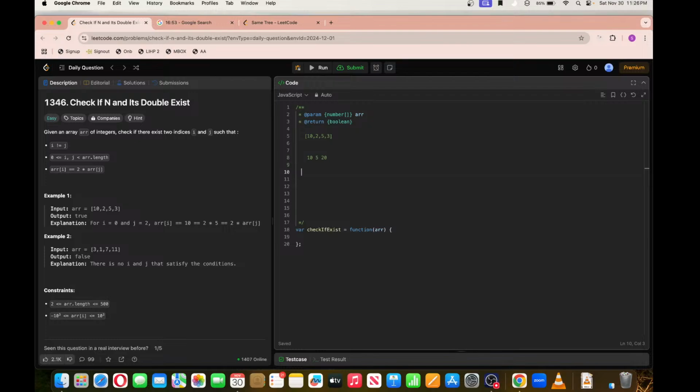So for every number that I see, there can be two possibilities. Either I can find its half when I am looking at it, or I can find its double, right? So for 10, if I see 5 or 20, then it means that it is true.